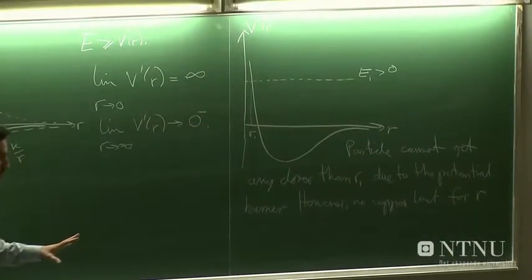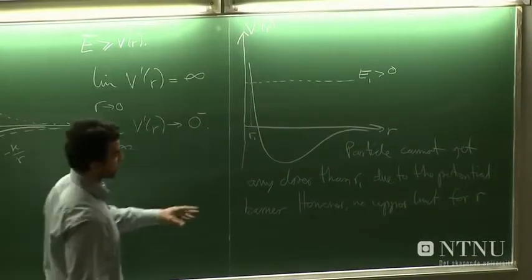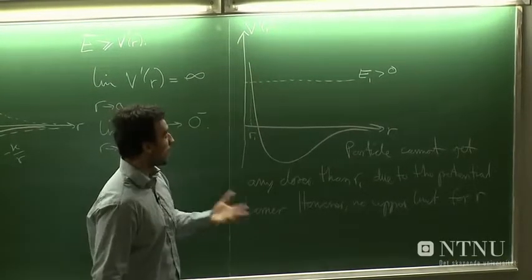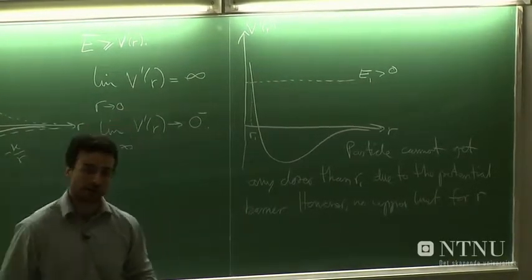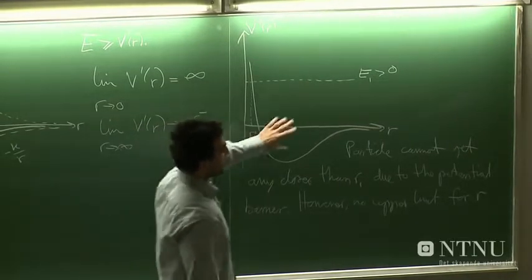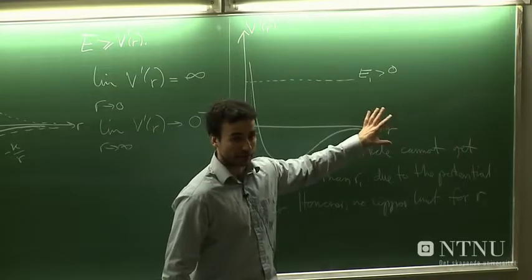So basically, the particle cannot get any closer than R1 due to this potential barrier. However, there is no upper limit for R. The particle is completely free to move here because the energy is greater than the potential energy.